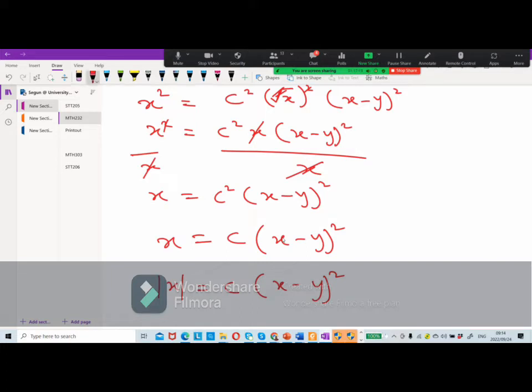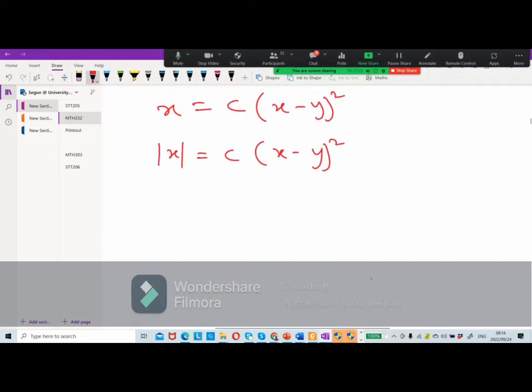So when you take the square root of both sides, we are going to have square root of x equals square root of c squared, times (x minus y).